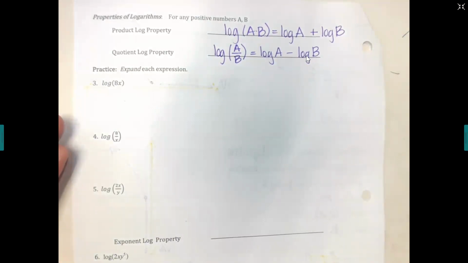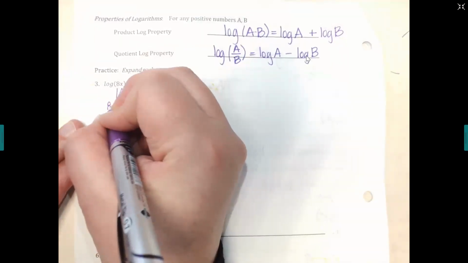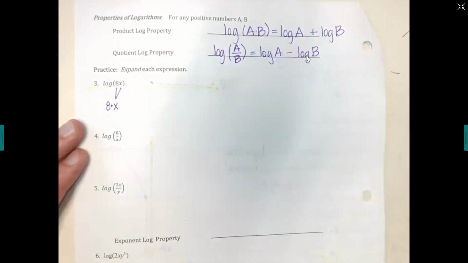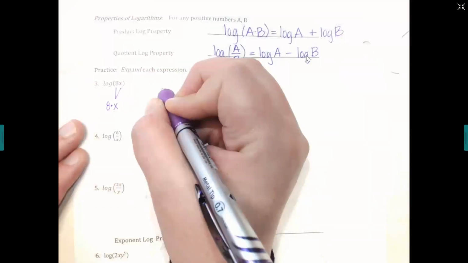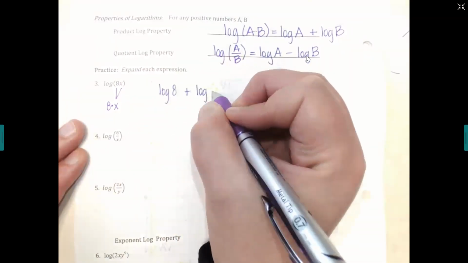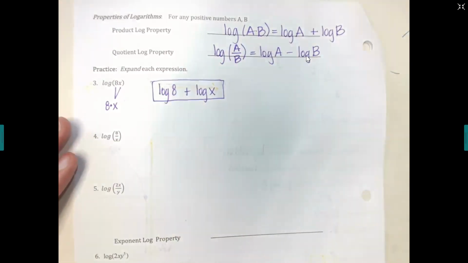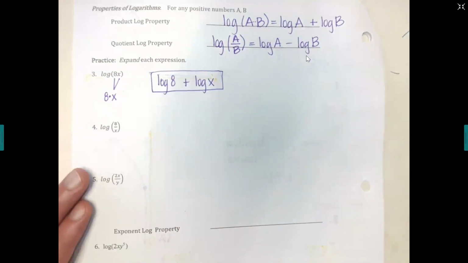Number 3, I have the log of 8x. Right now, that is 8 multiplied by x. So when I split them each into their own log, will I use addition or subtraction? So it'll be log 8 plus log x. Obviously, these get harder, but that would be your answer.